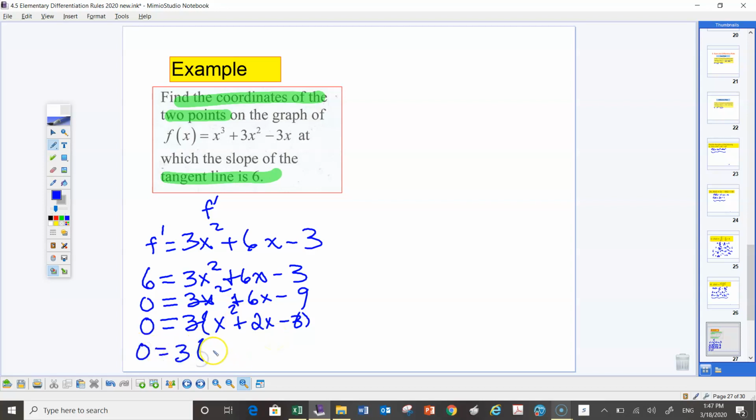So this ends up being x plus 3 or x minus 1. So my 2 answers for x are either x is negative 3 or x is equal to 1.